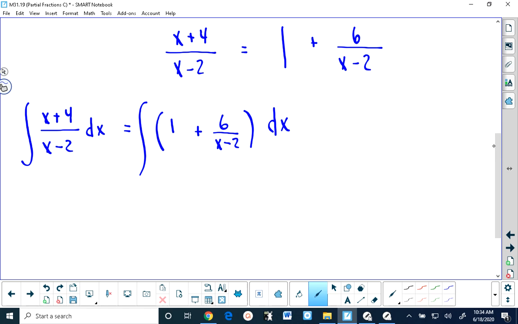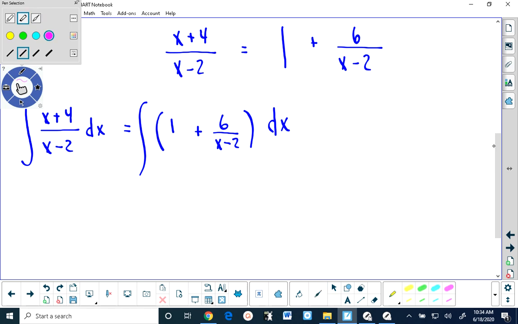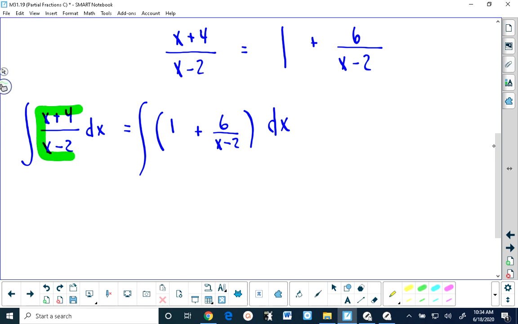So again, I think this is fairly basic, the idea of what we're talking about here, but I want to make sure that it really sinks in for everyone. X plus 4 over x minus 2 is exactly the same as 1 plus 6 over x minus 2.